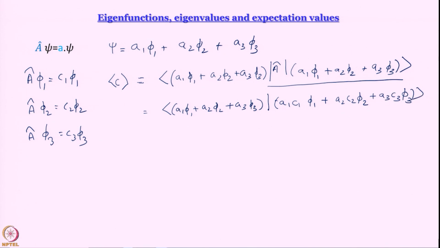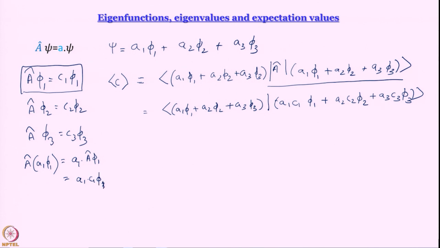I hope you understand what I am doing. When A hat operates on phi 1, I get C1 phi 1. So, when A hat operates on A1 phi 1, I get A1 multiplied by A hat phi 1, that is equal to A1 multiplied by C1 phi 1. These are linear operators, remember, and similarly we can proceed with phi 2 and phi 3 also.